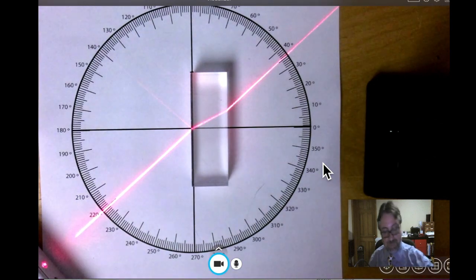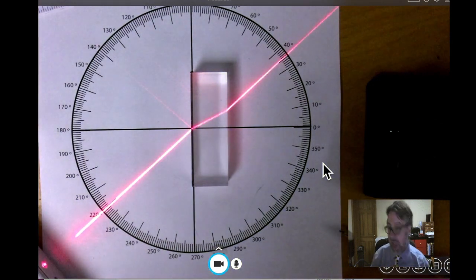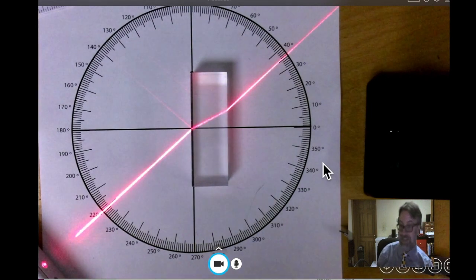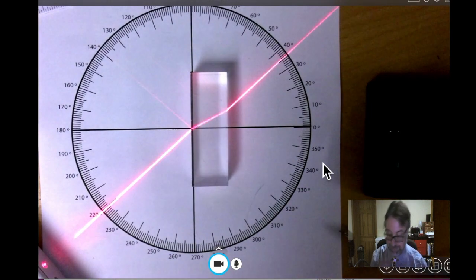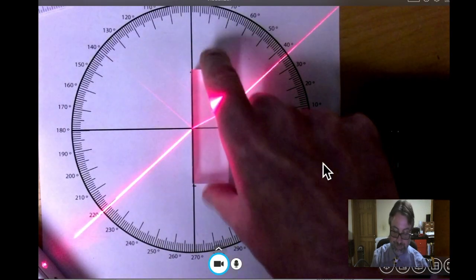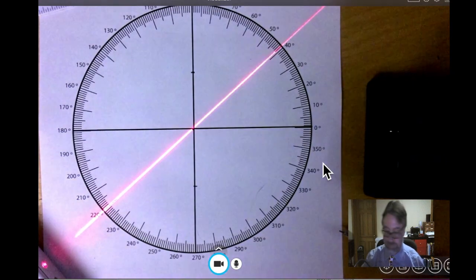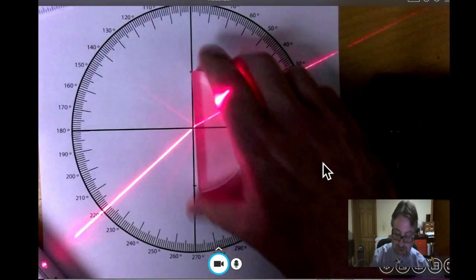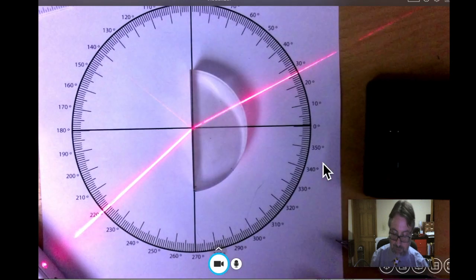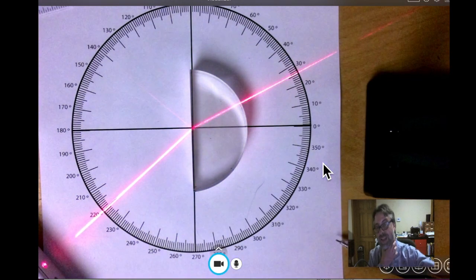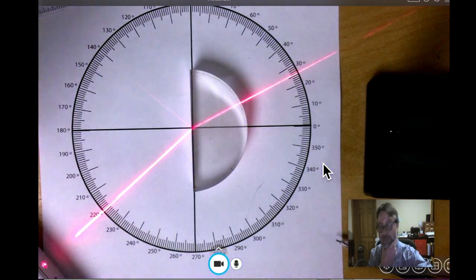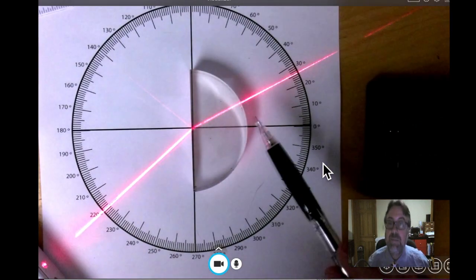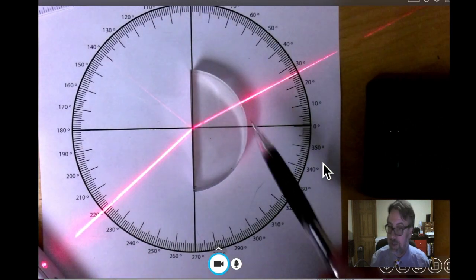But I can use geometry to make it a little bit easier to measure the angles here. I'm going to replace the rectangular piece of glass with a half circle. Now, notice something interesting happens. The light doesn't bend coming out the half circle any longer.